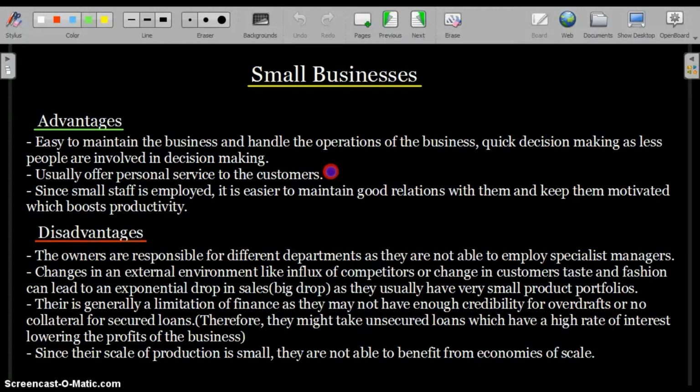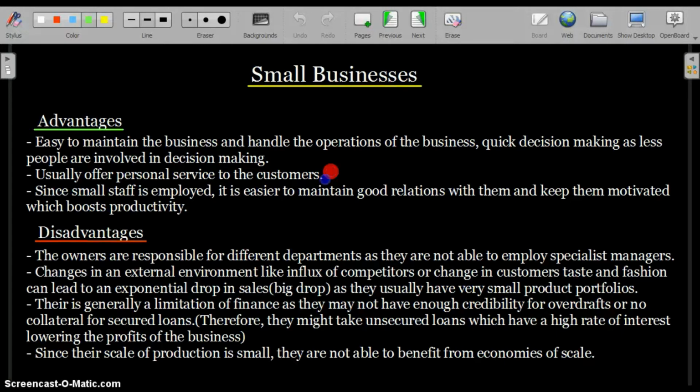It is an advantage not just for the small businesses but for the customers themselves, because customers do want personal service but they don't get it from large businesses, which just exploit their needs. But if small businesses offer it, then customers can make a compromise and trade with small businesses instead of large businesses.